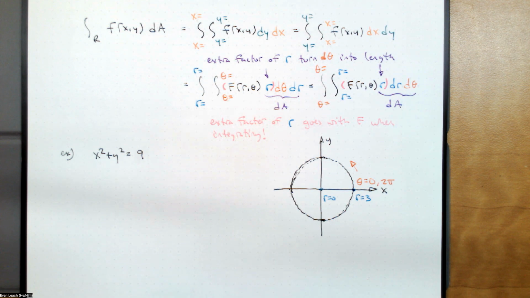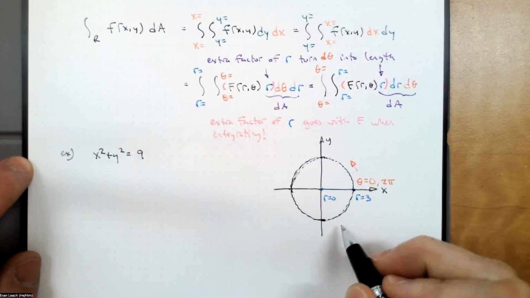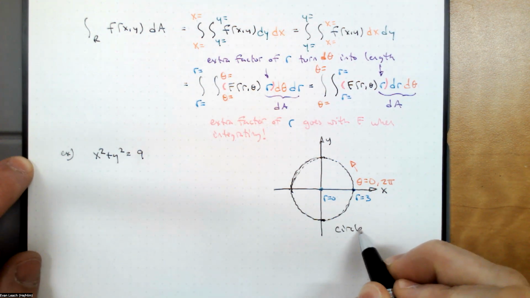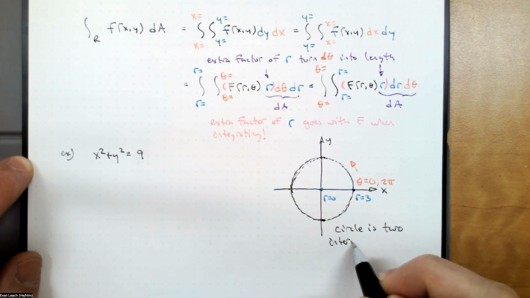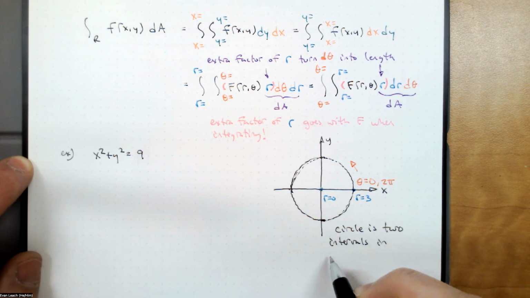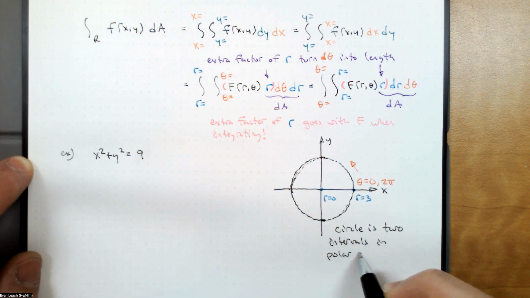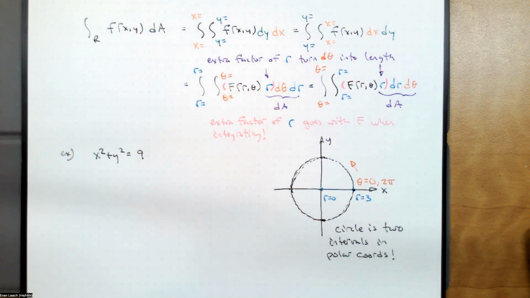In polar coordinates, this circle is two intervals, r from 0 to 3 and theta from 0 to 2 pi. That circle is just two intervals in polar coordinates.